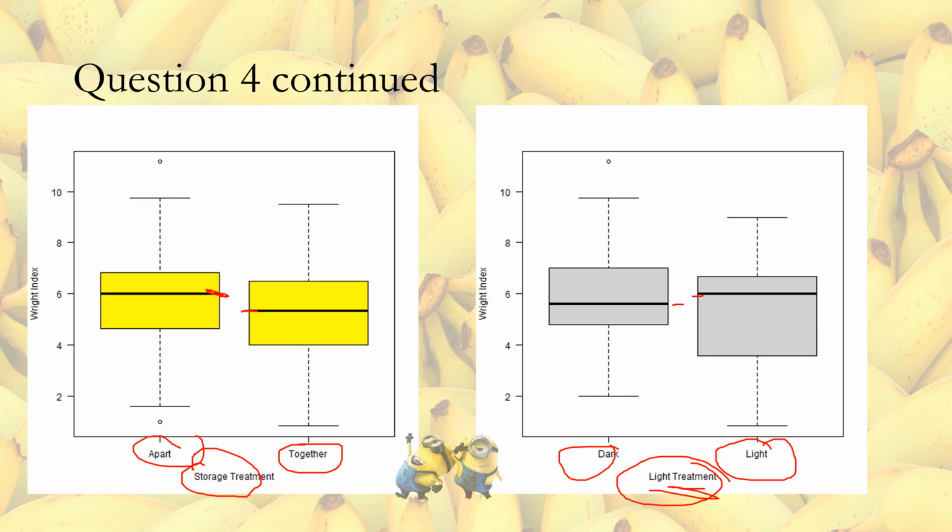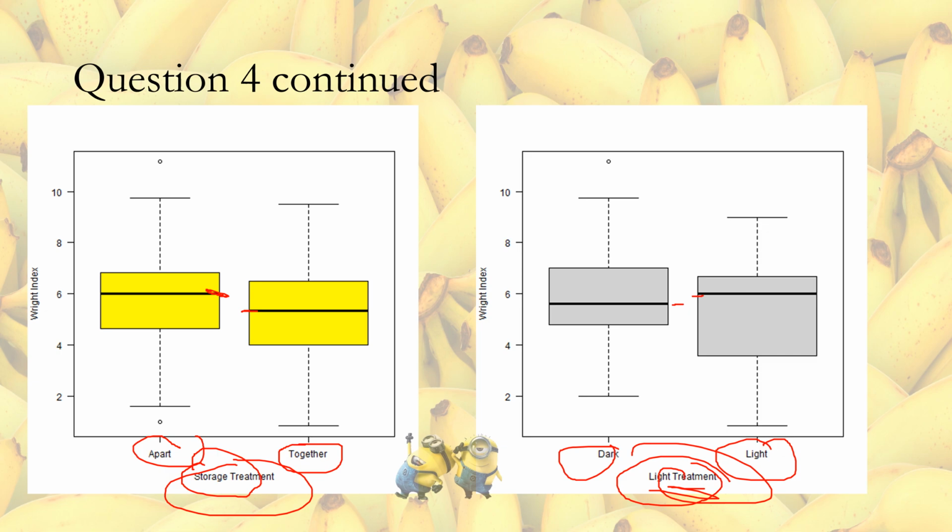Lastly, we did a t-test to compare the means of the groups to confirm that they actually have similar means. From the t-test, we had a p-value for the light treatment of 0.12, and for the storage treatment it's 0.73.